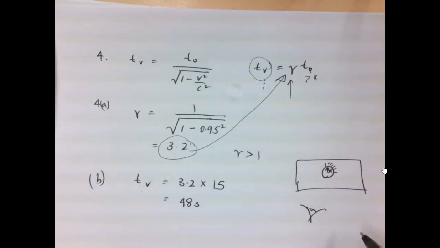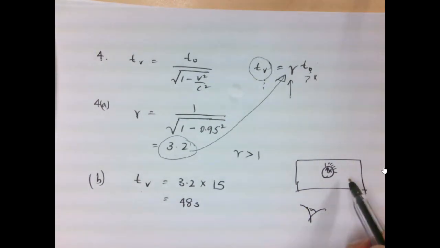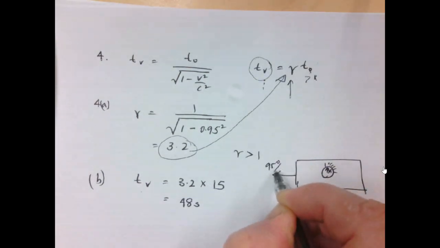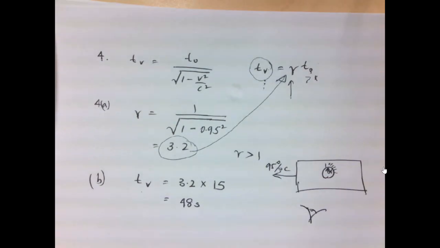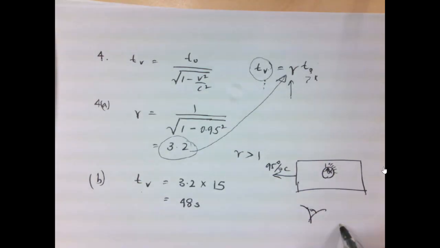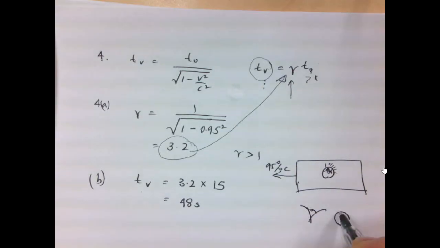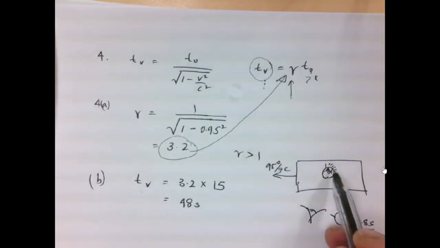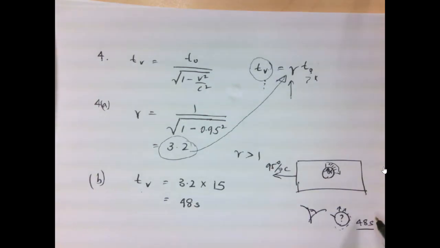That's you standing on the side, and this one here is moving at 95% C. Okay, you are watching the second hand move from here to the quarter, the 15 seconds. You are measuring how long it is in your clock here as it ticks around. You will see 48 seconds of your clock pass before this gets down to 15 seconds.